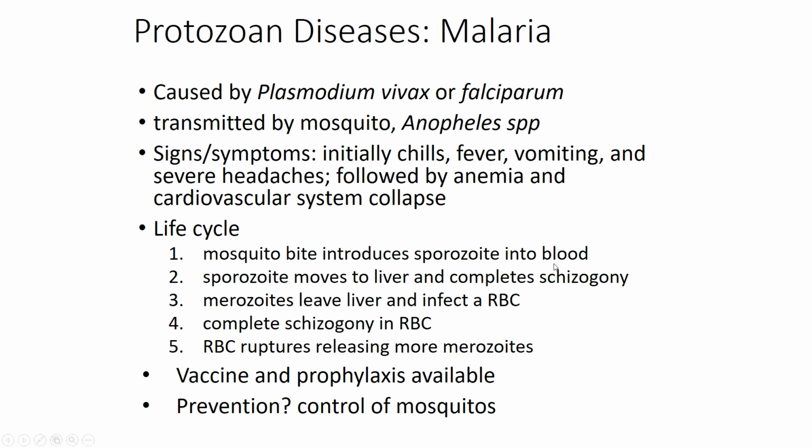Remember, that is rapid multiplication. The protozoan will then leave the liver, infecting red blood cells to complete zygogony again. This destroys the red blood cells. Patients with malaria will have anemia and typically, ultimately, cardiovascular collapse due to this destruction of the red blood cells.